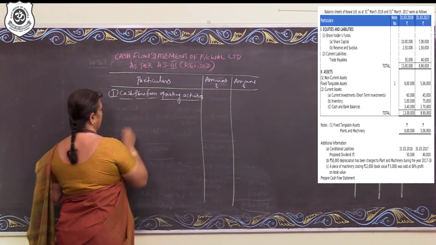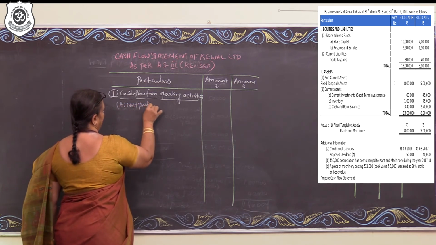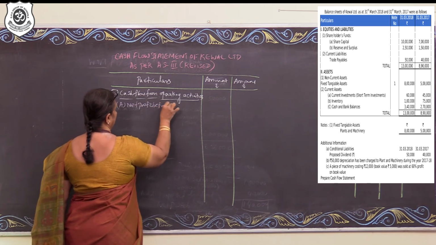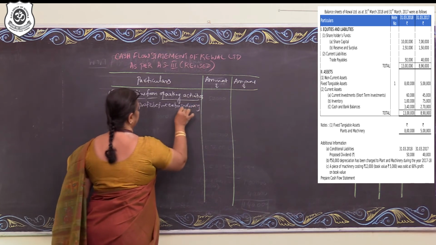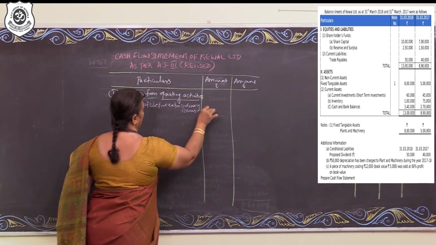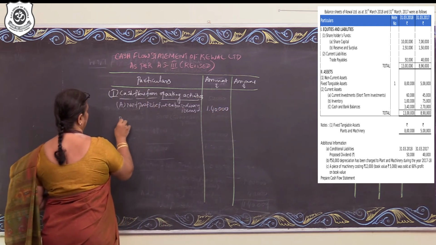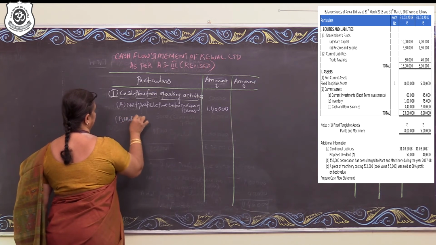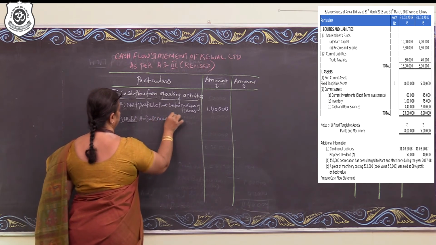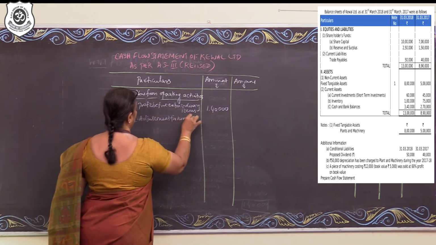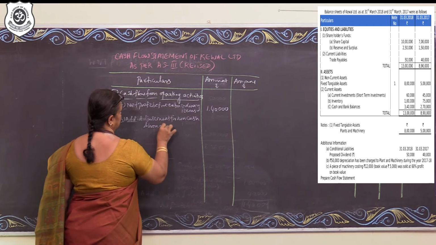A. Net profit before extraordinary items, 1,40,000. With that, add adjustment for non-cash and non-operating expenses.